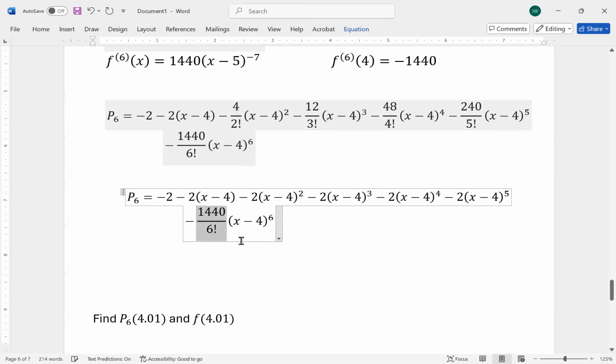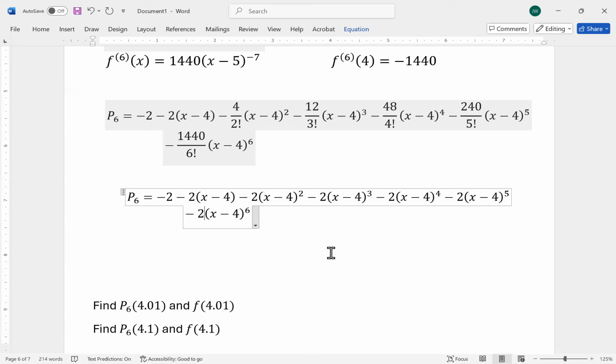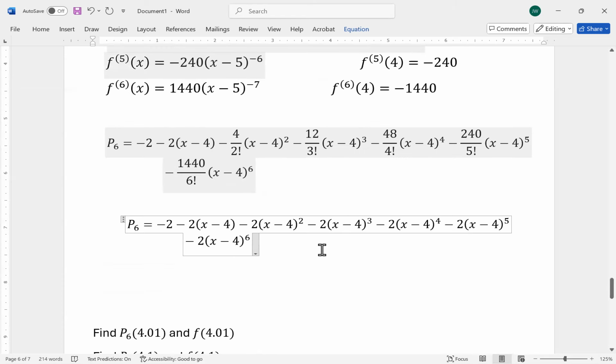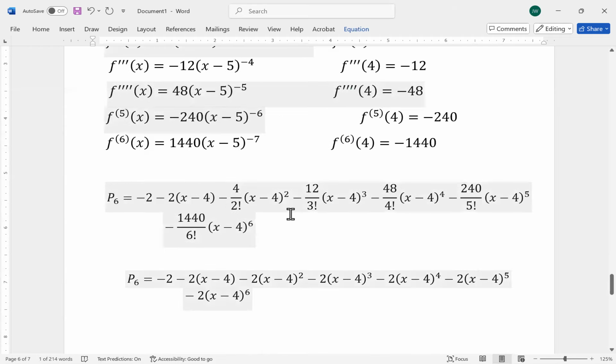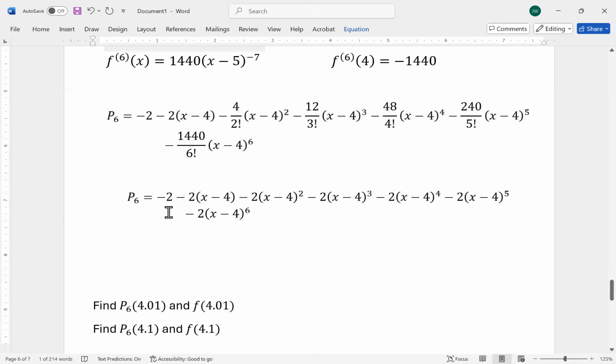And then 1440 over 6 factorial, 6 factorial is 720, so 1440 over 720 is also 2. Notice that this just becomes 2. That was that numerator. So -2, -2, negative, all these -2's times x minus 4 to whatever power.